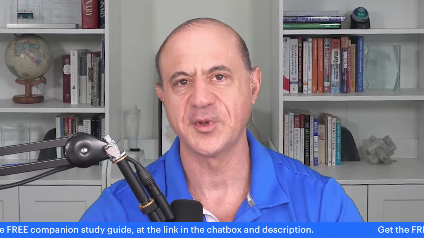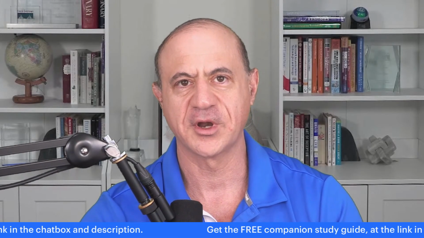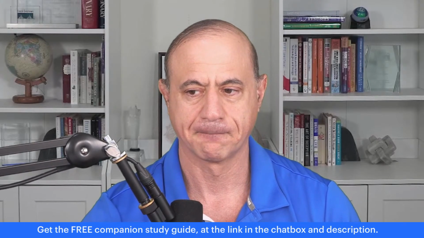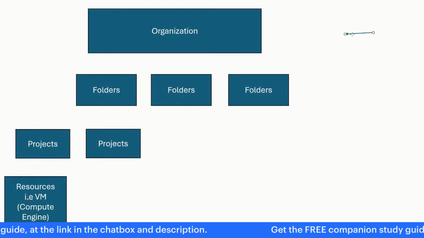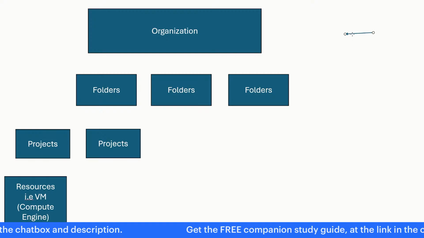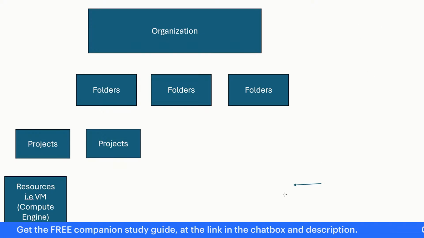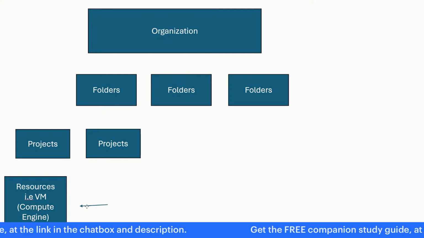So I'm going to talk a little bit more about those resources and their components, and I want to do it to make sure you understand the billing and the such. So when we look at this hierarchy, we're looking at where the components are. At the lowest level, these are the resources the team is setting up.